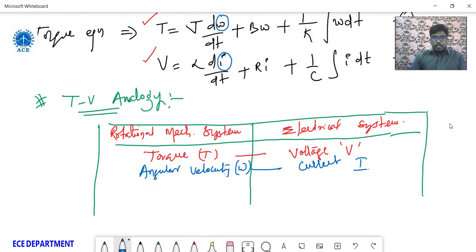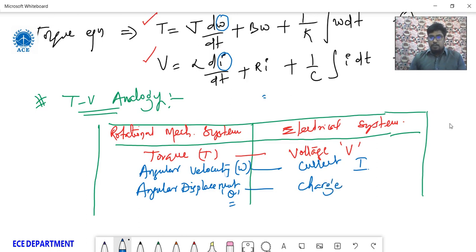Next is angular displacement theta. This becomes what? Angular displacement theta becomes, in electrical system, charge.